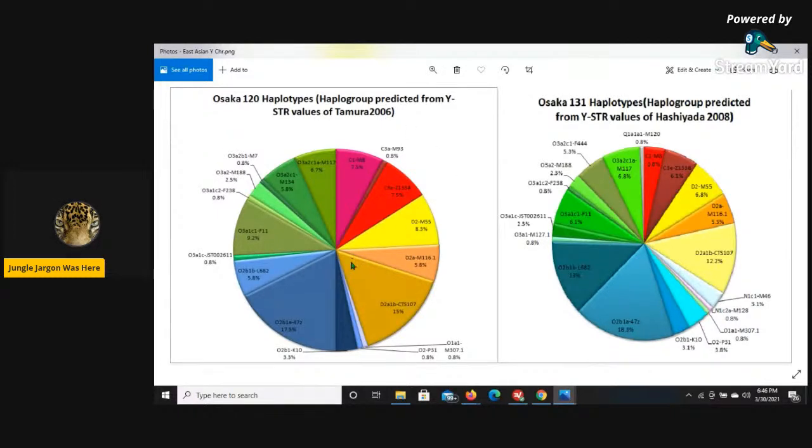So this D is like more than a quarter of the population. It's more like a third of the population is DY chromosome, and I'm surprised there's a lot of CY chromosome as well, which is the DY chromosome's brother. This is descendants of Nimrod here, CY chromosome. The rest is O, of course.